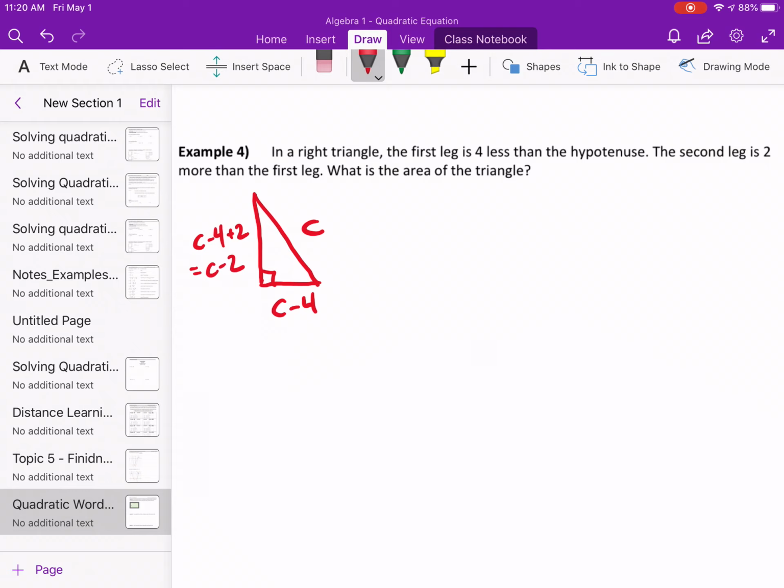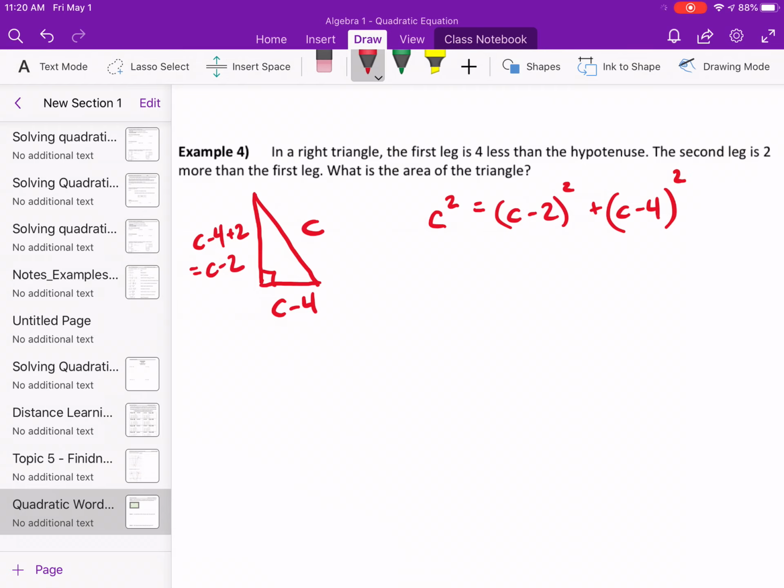The question is, what is the area of the triangle? Well, I'm not going to be able to find the area until I know the dimensions, which means I'm going to have to figure out this value of C. To do that, I need the Pythagorean theorem. The hypotenuse squared is equal to the other legs squared and added together.